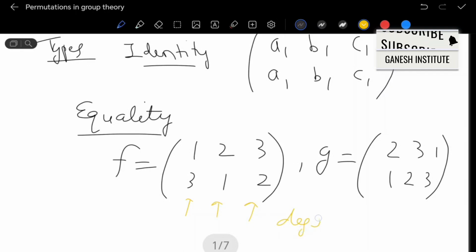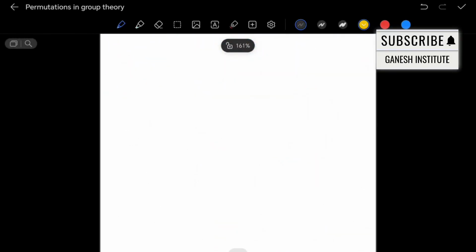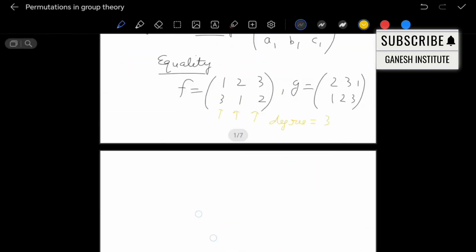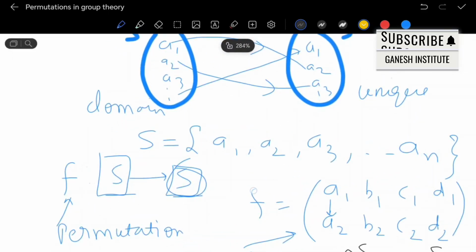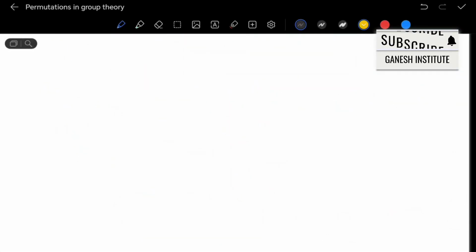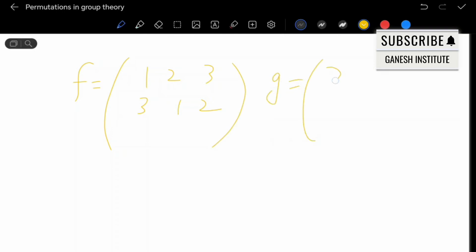Degree is how many mappings are there. So degree is 3. Now we have to check whether these two are equal or not. Just bear with me. So see, this is F, which is 1 2 3 over 3 1 2. This is G, which is 2 3 1 over 1 2 3.